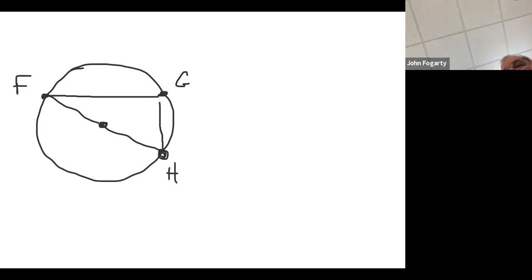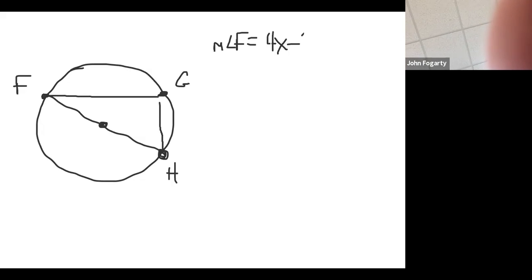I'm going to put a point right here, G, and make a triangle. Now, I know, fellas, that the measure of angle F is 4x plus 2, and the measure of angle H is 9x minus 3.